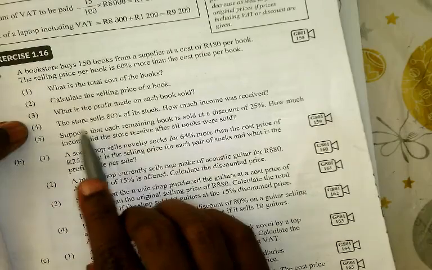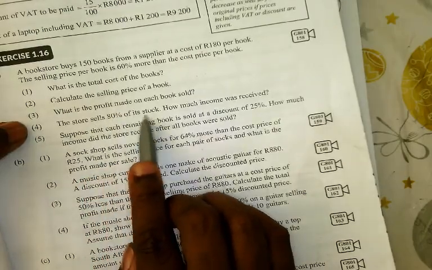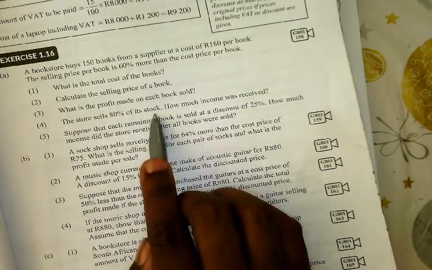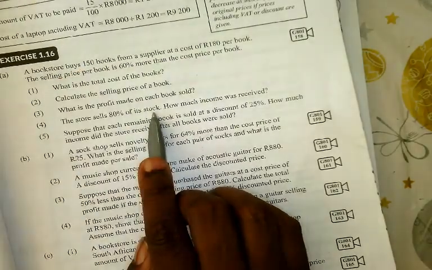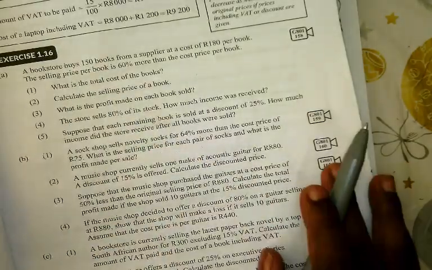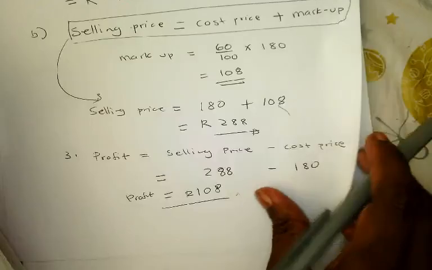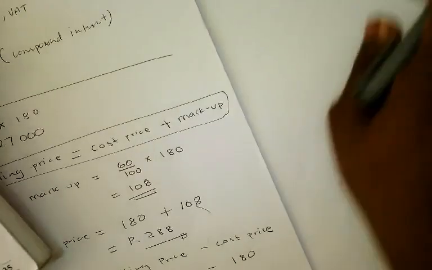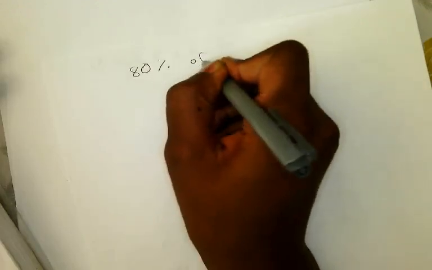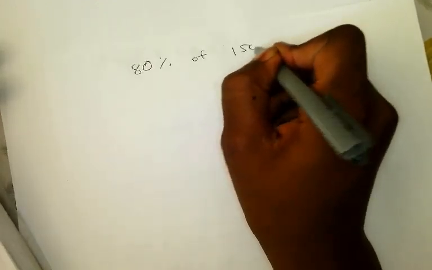Okay, that's a fair question. The store sells 80% of its stock. What is the stock? What are they buying? They bought 150 books. So they sold 80% of 150 books. So I'm going to do it here. 80% of the stock, which is 150 books.